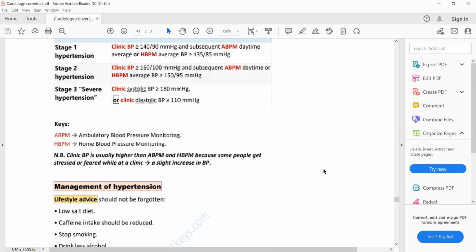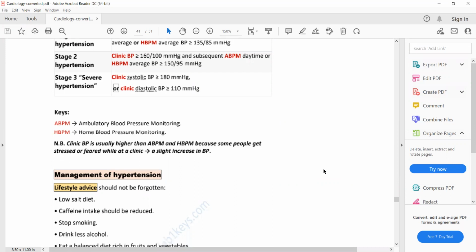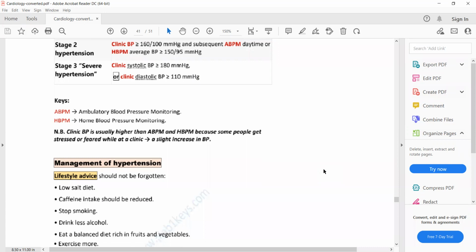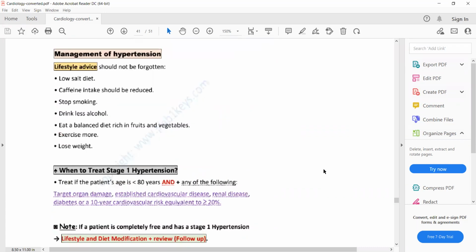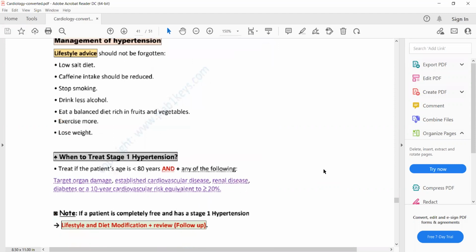Remember that stage 1 hypertension in patients without any other comorbidities does not require any treatment. Only lifestyle advice will be given to patients with stage 1 hypertension.